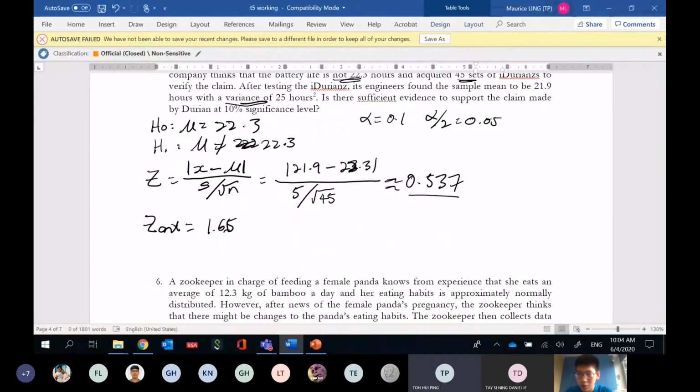So you have this statistic and this critical value. Do you accept or reject the null hypothesis? Is Z more than or less than the critical value? Z is less than the critical value.